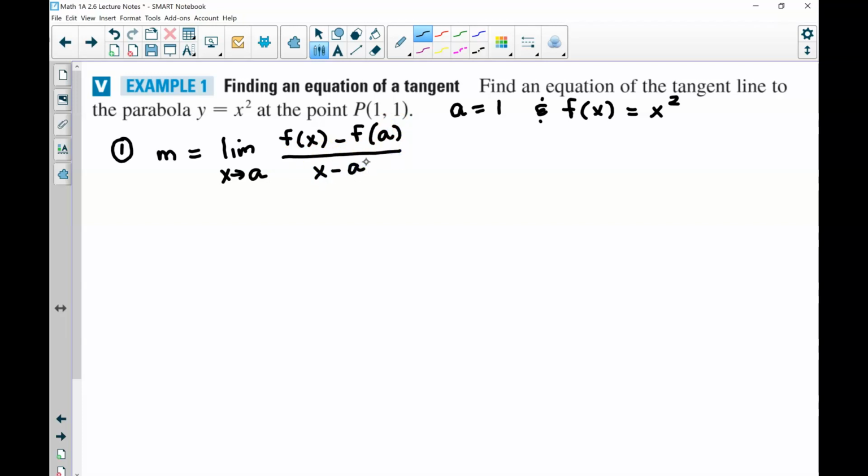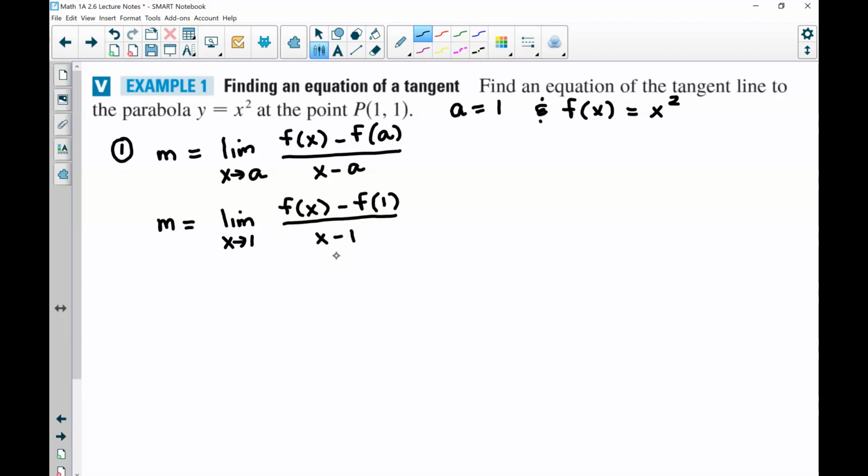And so what we've determined is that a is equal to 1. So now the slope m is going to equal the limit as x approaches 1 of the function f of x minus f of 1 all over x minus 1.